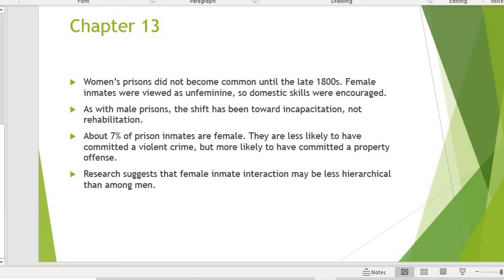Traditionally, female inmates were viewed as unfeminine, so domestic skills were encouraged in prisons, training women in the traditional skills and responsibilities that a homemaker would have, that kind of thing.